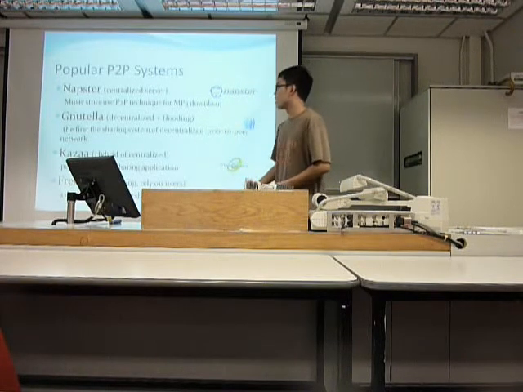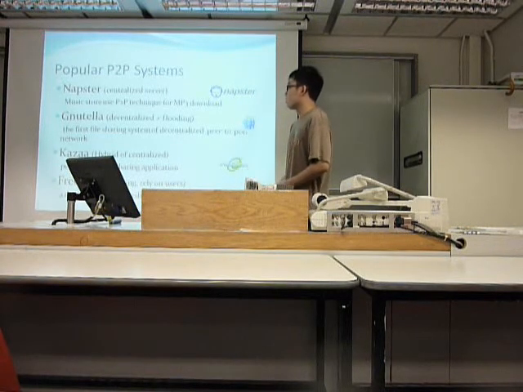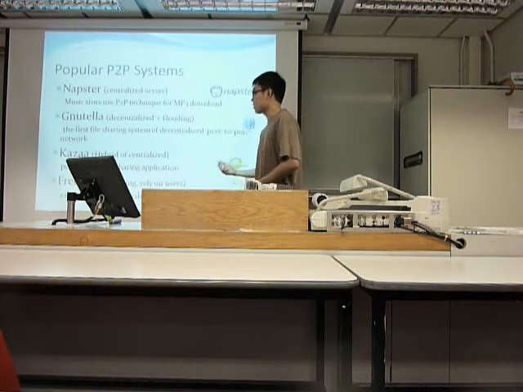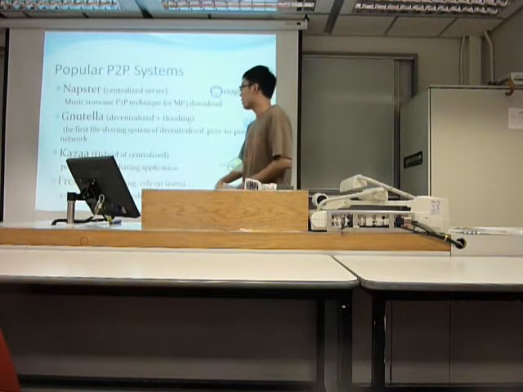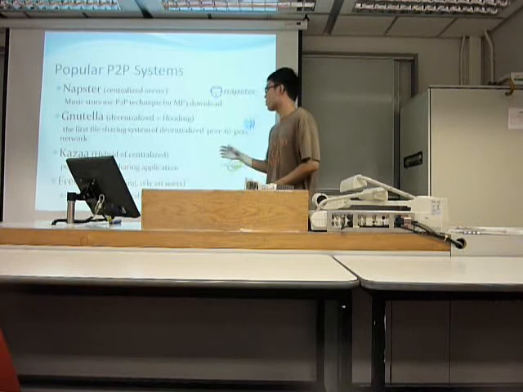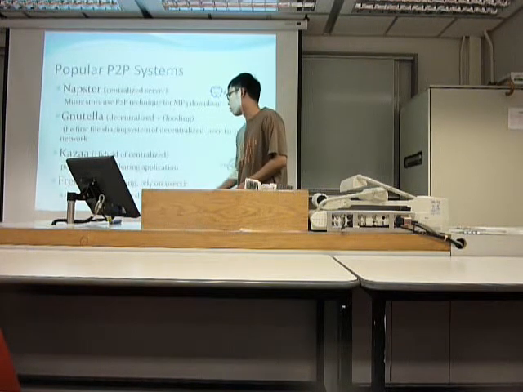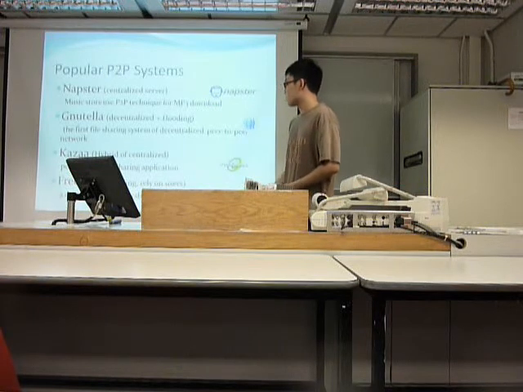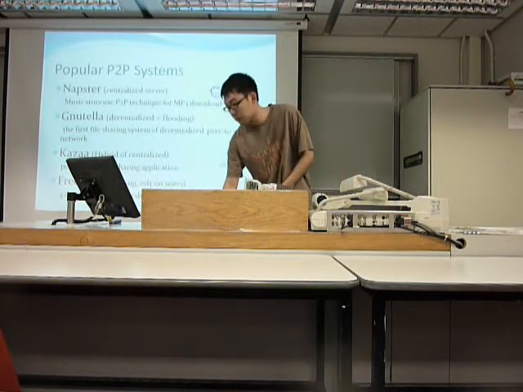The next one is Netless, which makes use of the decentralized and flooding method for P2P sharing. The third one is Kazaa. It's a hybrid of centralized system. And the fourth one is Freenet, which is a decentralized consensus system that distributes data.